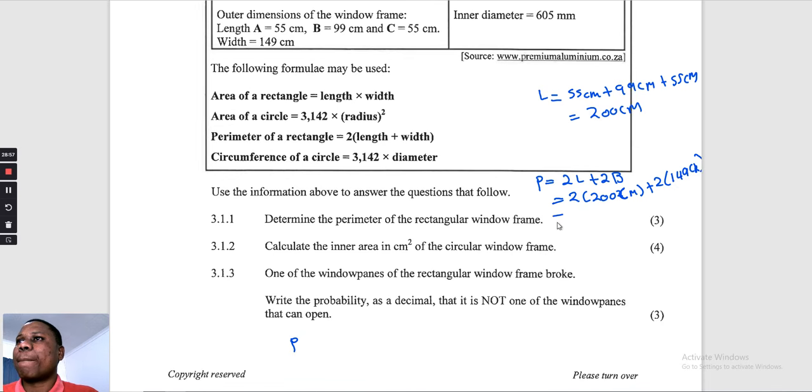That is going to be 400 centimeters plus 149 multiplied by 2, which gives us 298 centimeters. When we add them together, that gives us 698 centimeters. So that is the perimeter of that rectangular window frame.